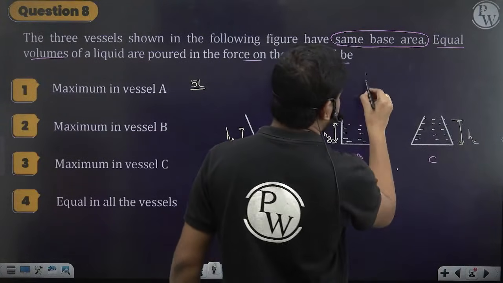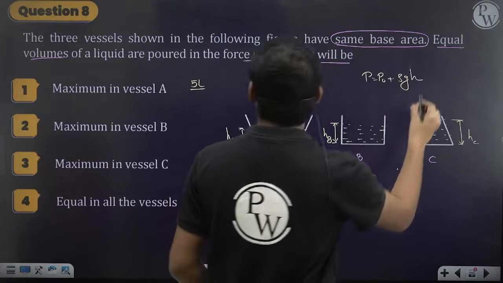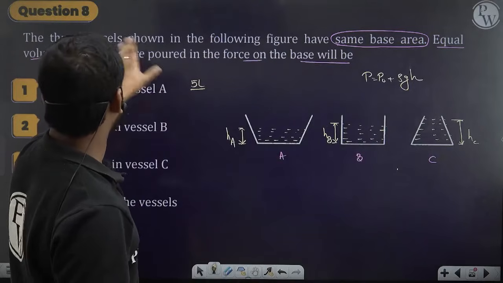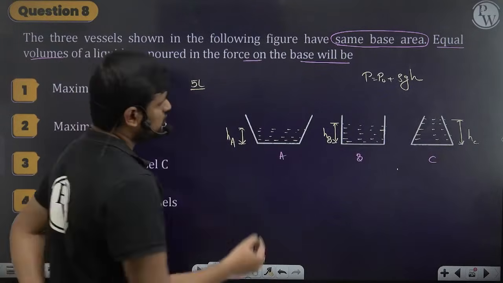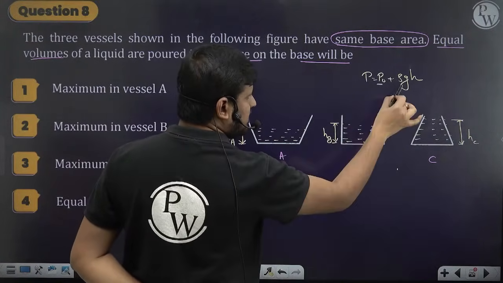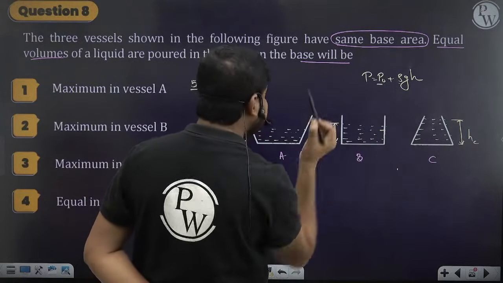If you write the pressure formula, P is equal to P naught plus rho g h. In all of these three vessels we have poured the same liquid, water or oil or whatever it is. So P naught is the same, rho is the same, g is the same, and h is not the same.